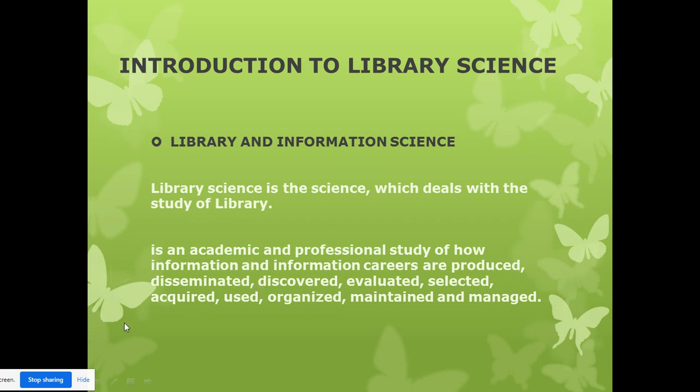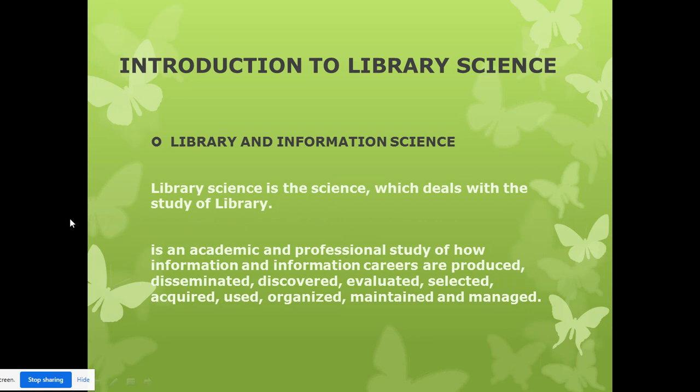So what is library science? First of all, in very simple terms, if anyone asks you what library science is, you just have to tell them that library science is the science which deals with the study of library.